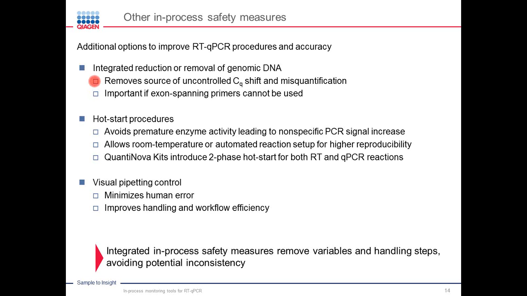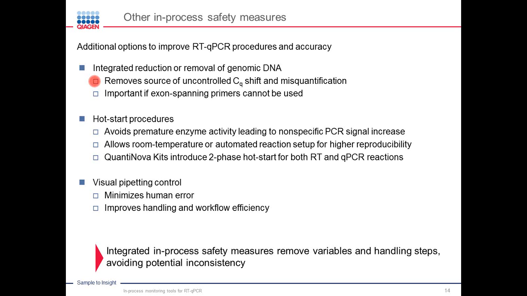The key thing about genomic DNA that can potentially be carried over into our messenger RNA preparation is that the gDNA can also serve as a template for our target-specific primers. If some amount of gDNA is still present in the PCR, it will add to the signal of our specific transcript.